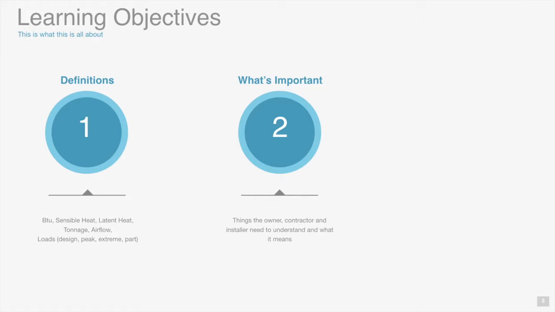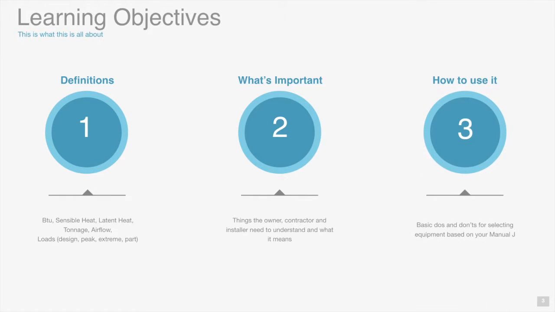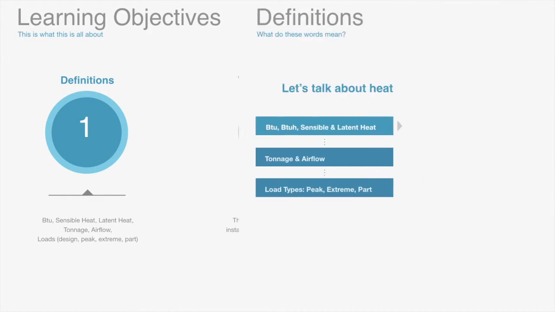Things that the owner, the contractor, and the installers need to understand and what it means. And thirdly, how to use it. The basic do's and don'ts for selecting equipment based on your Manual J. We're not going to get too far in that because it gets very complicated with all the different types of equipment out there, but we'll kind of cover the basics.